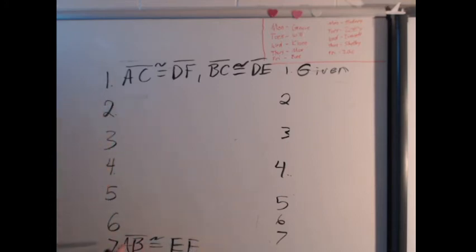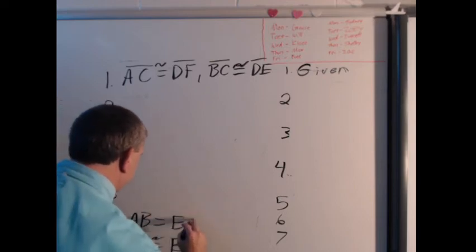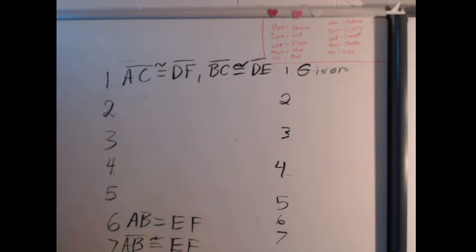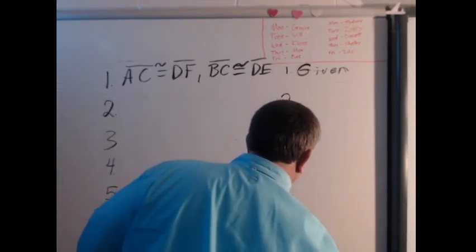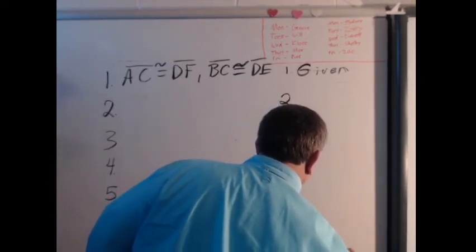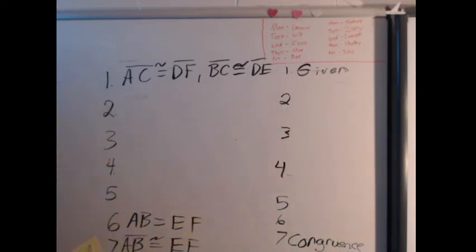All right, now if I'm getting to this point, so far, every time I've had to do that, I've had to do this. So I know that step 7 is going to be congruence. I know step 7 is going to have to be congruence.